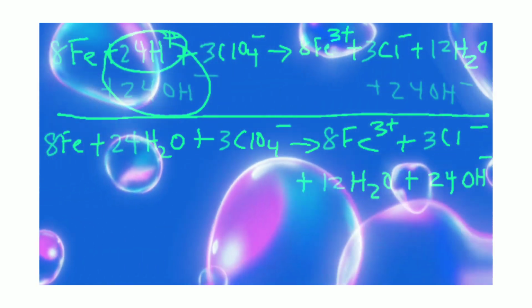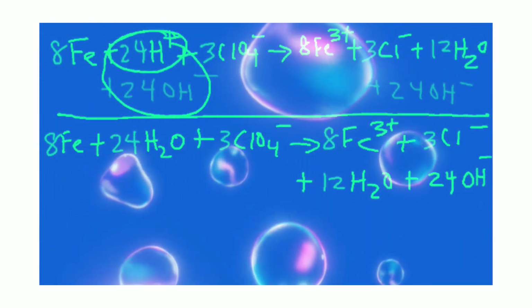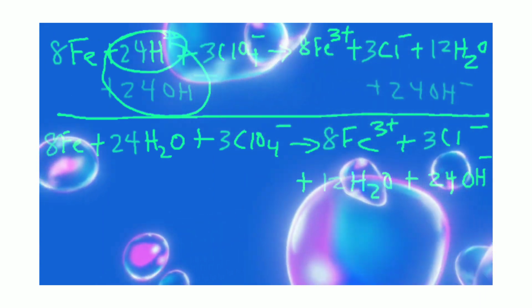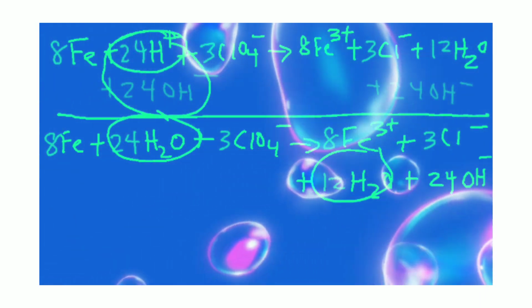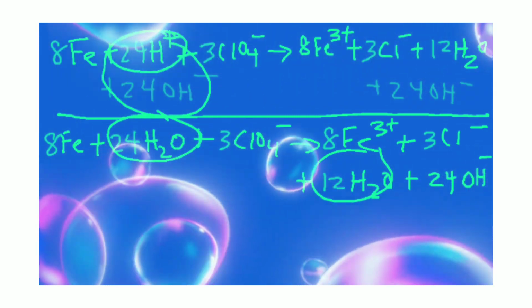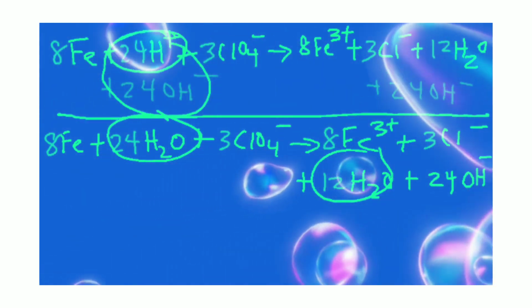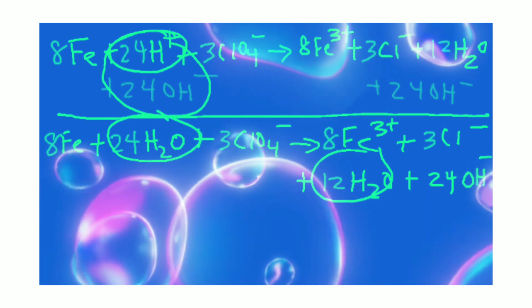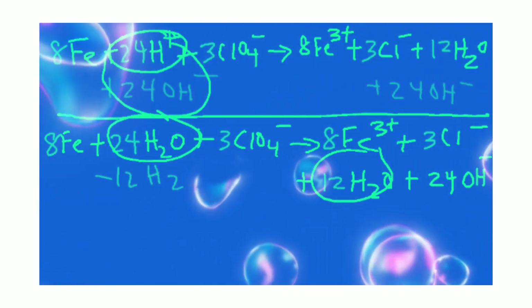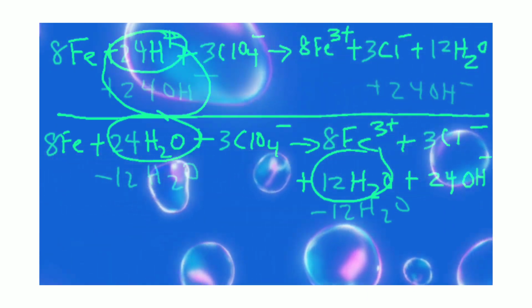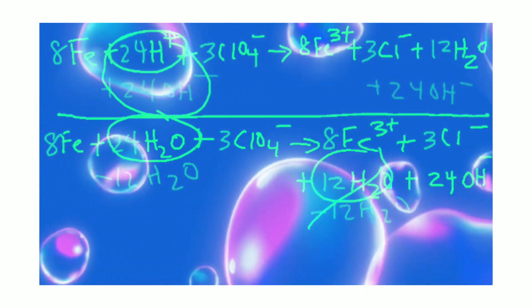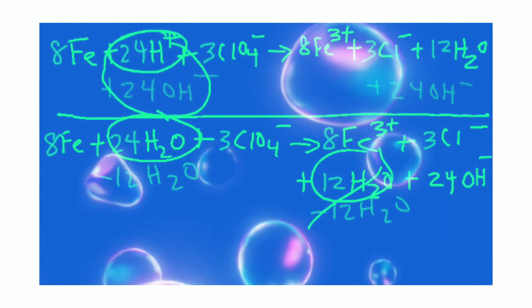Okay, so what is the next thing that we need to do? Notice that we have water on both sides, so we're going to subtract both sides by the smaller of these two values. 12 is smaller than 24, so we're going to subtract both sides by 12 H2O molecules. On the right side, H2O is going to disappear completely.